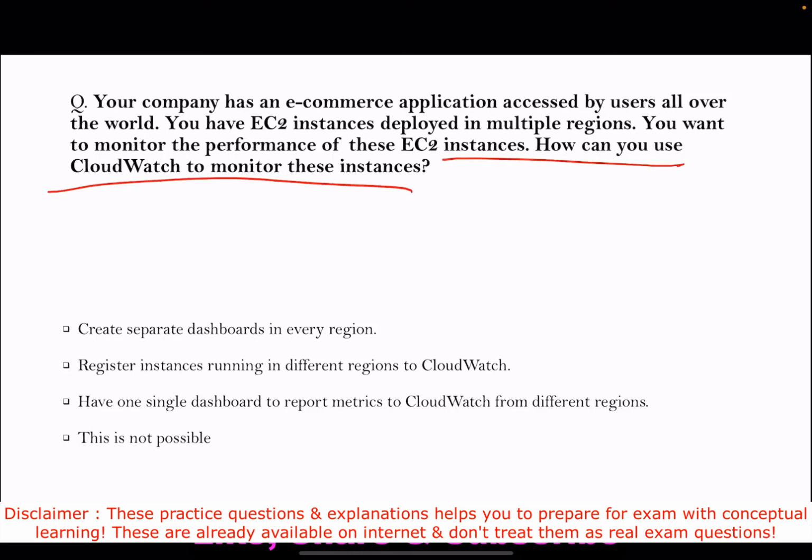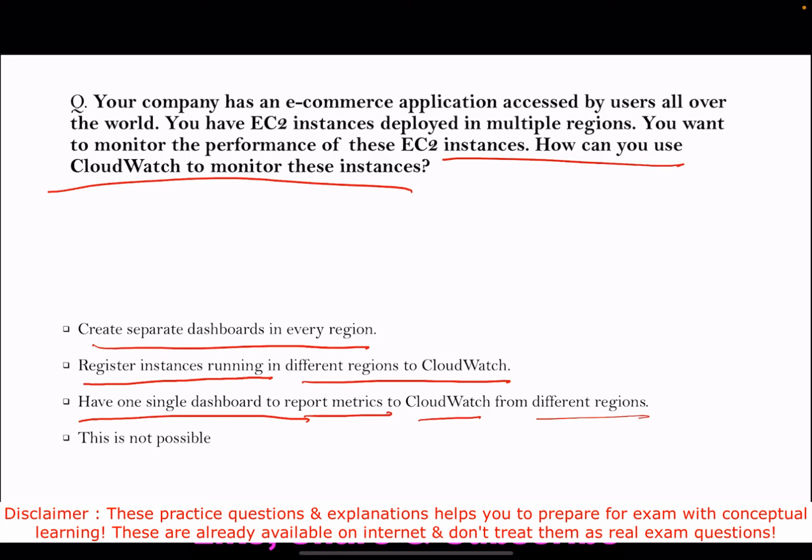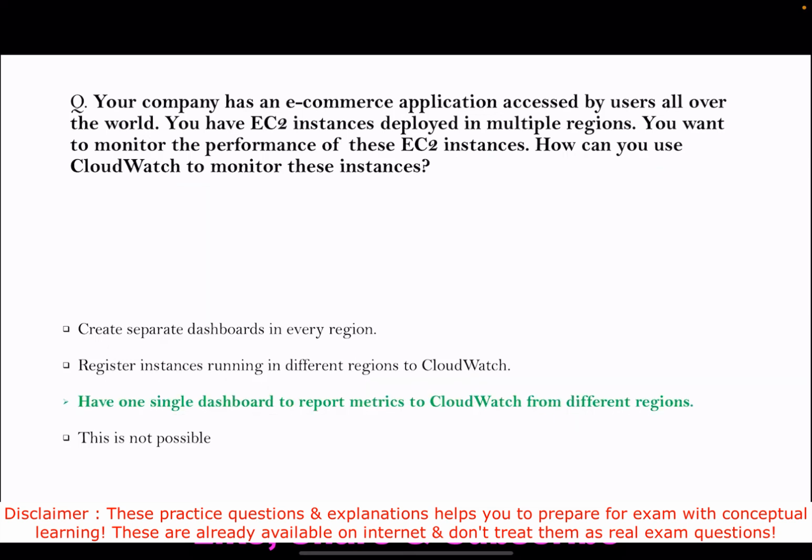The options we have: create a separate dashboard in every region, register instances running in different regions to CloudWatch, have one single dashboard to report metrics to CloudWatch from different regions, and this is not possible. We can monitor AWS resources in multiple regions using a single CloudWatch dashboard. So our answer will be to have one single dashboard to report metrics to CloudWatch from different regions. So our answer will be the third one.